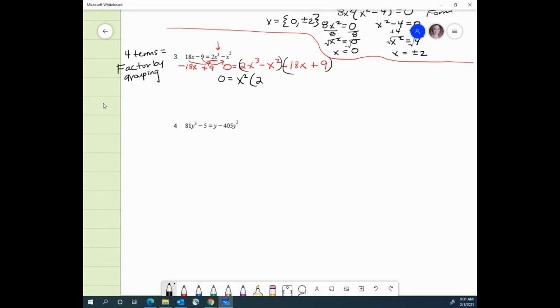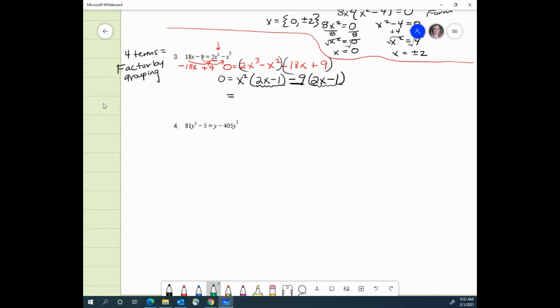That leaves me with 2x minus 1. So remember, my goal is to factor something out here so that my second set of parentheses looks exactly like my first one. So I need to factor out a negative 9. That will leave me with a 2x minus 1 here.